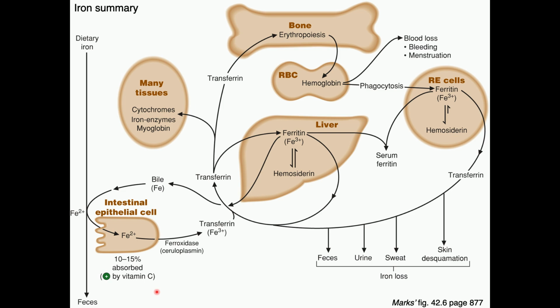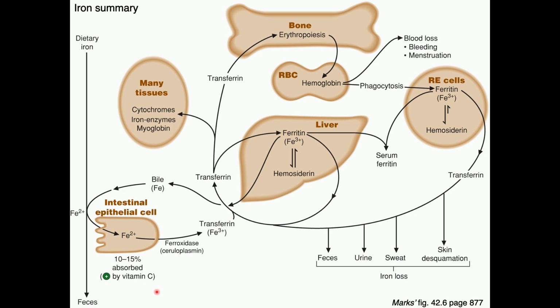Really, when we have iron within the body, we try to recycle it as much as possible, going from a red blood cell to a macrophage and then back to an erythroid precursor and the red blood cell. Okay, so I don't want to get ahead of myself on this cartoon, but this is a nice summary, so put a pin in it.